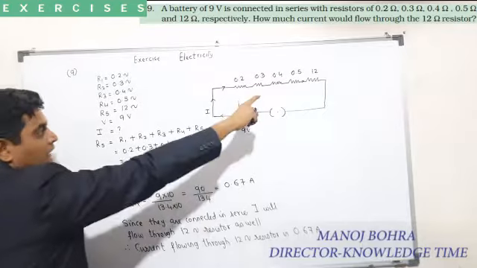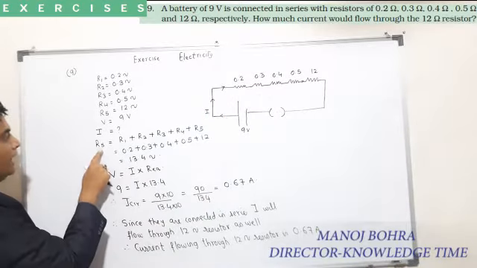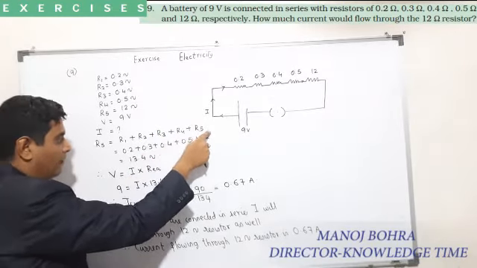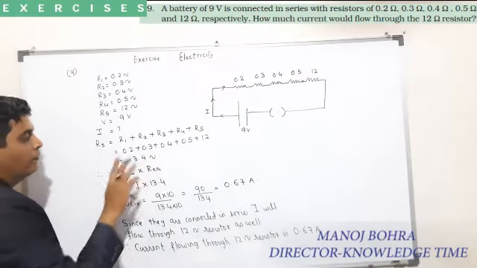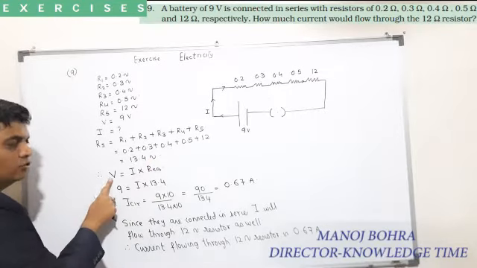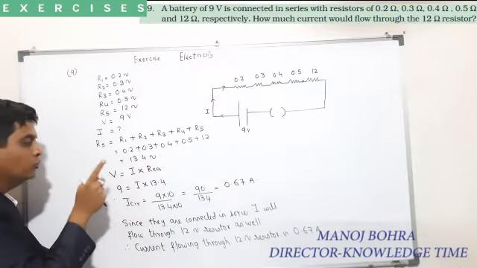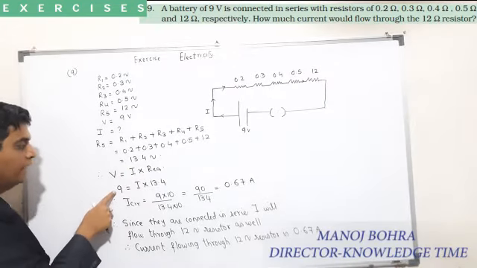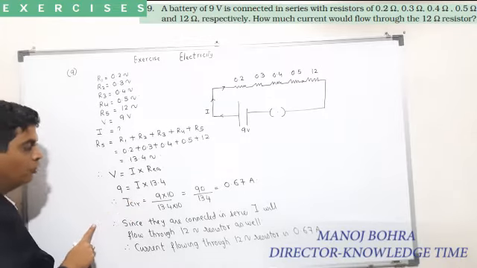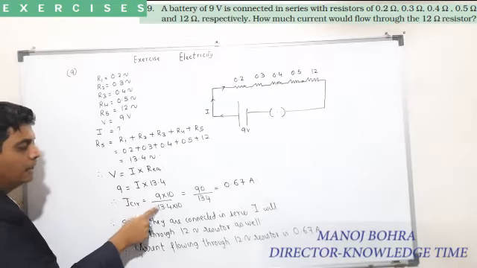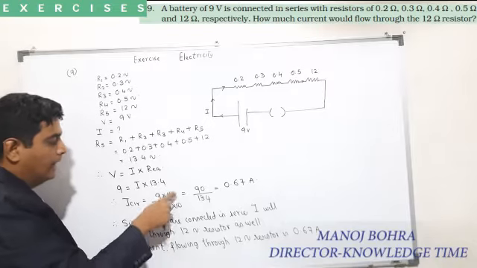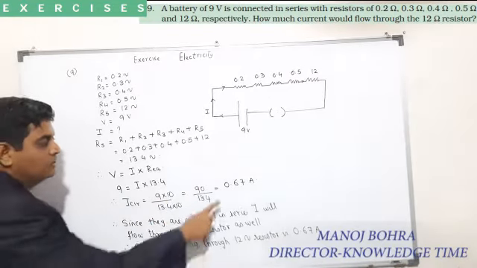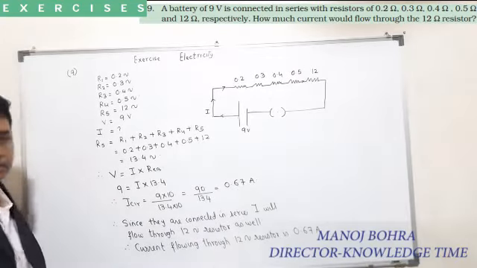Now all the resistors are connected in series. So what do I get? Rs is equal to R1 plus R2 plus R3 plus R4 plus R5. So Rs is equal to 13.4 ohms. Now if I want to find I, I will be using voltage of the battery and R equivalent. So 9 is equal to I multiplied by 13.4. So I circuit is equal to 9 divided by 13.4, multiply by 10, which is equal to 90 divided by 134, which is 0.67 ampere.